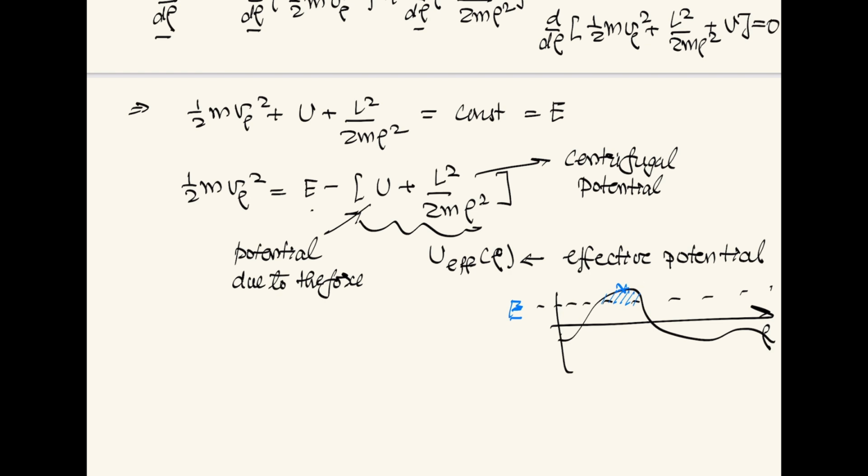So this E is less than that, so that means this would have to become negative. But I've just told you that it cannot become negative. So the regions in which this effective potential graph rises above the energy line is a classically forbidden region.